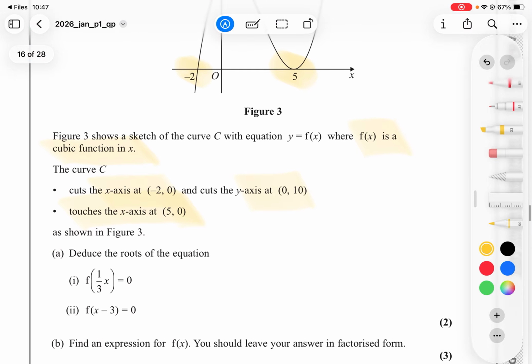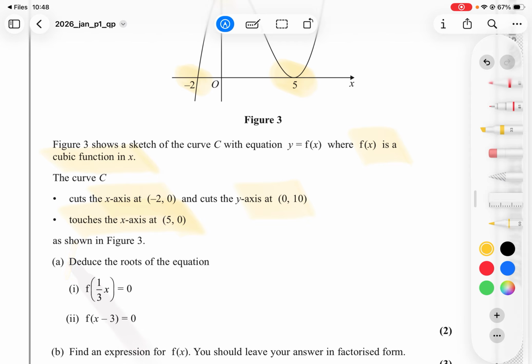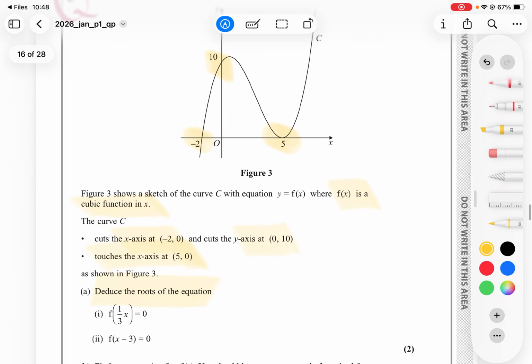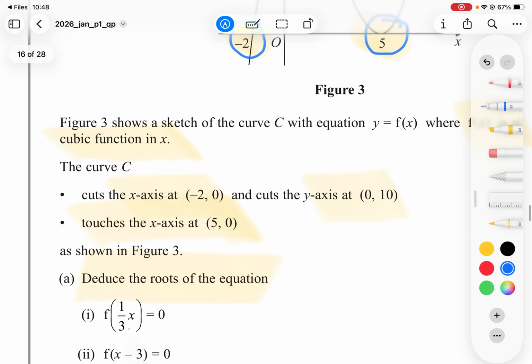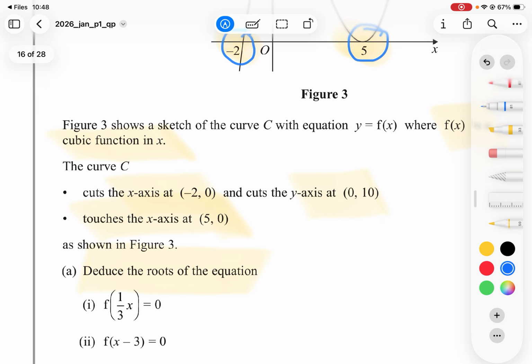Now they are asking us to deduce the roots of the equation. So in this f(x), what we can see is -2 and +5 are the roots. Now what they are asking us is f(1/3 x).